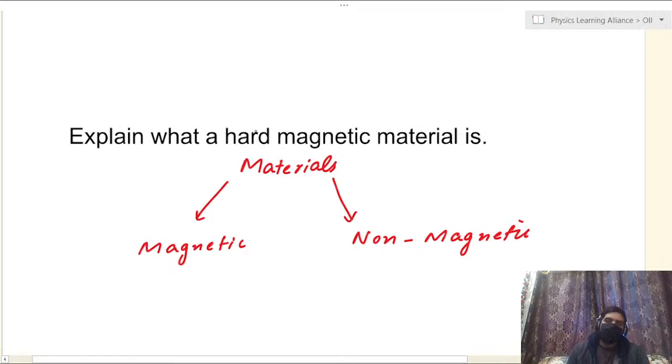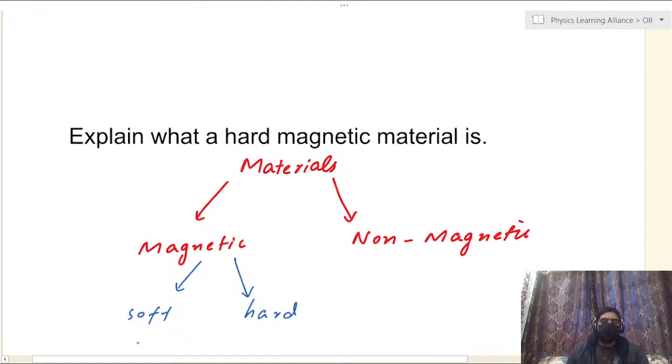Then magnetic materials would further be divided into two branches: soft magnetic and hard magnetic material. The primary example of soft magnetic material is iron, soft iron if you want to be precise.